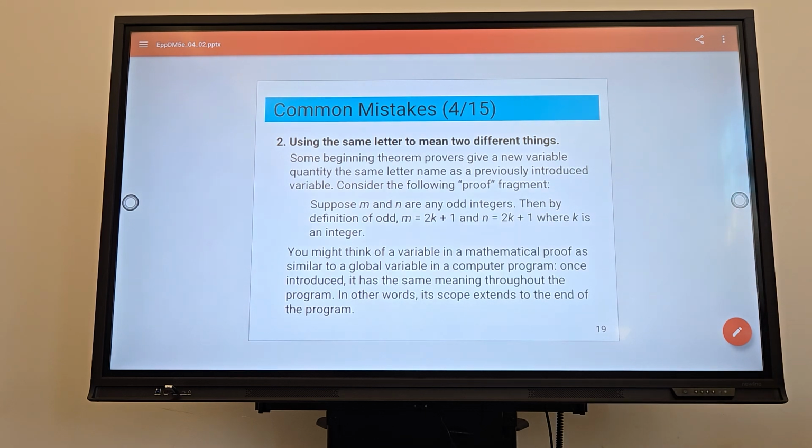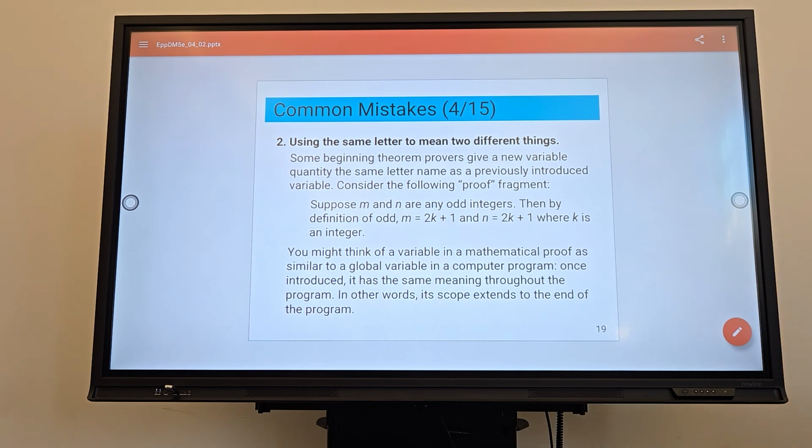Using the same letter to mean two different things. Using the same letter for some variable in two different locations, meaning two different things, causes confusion, and it doesn't necessarily work.